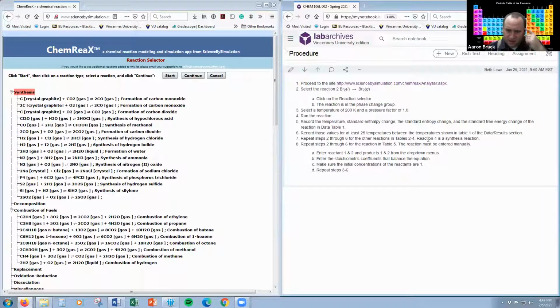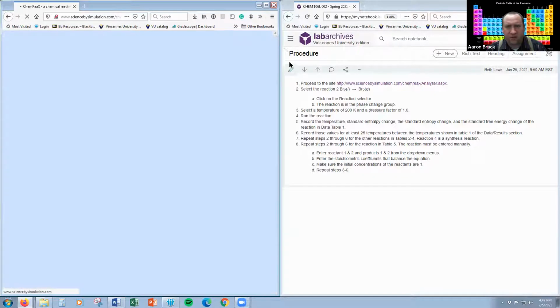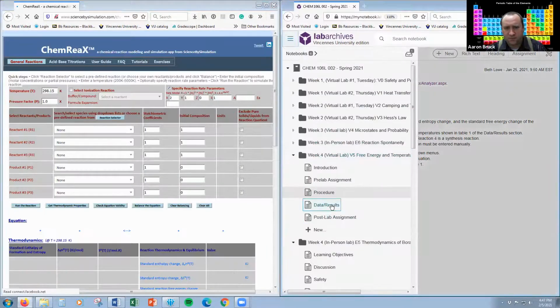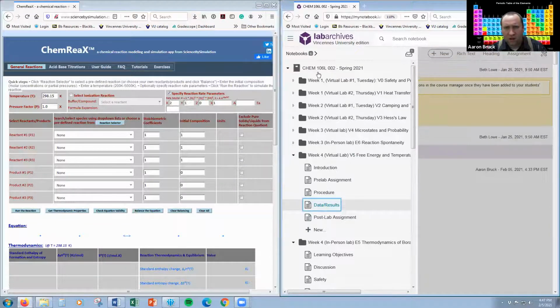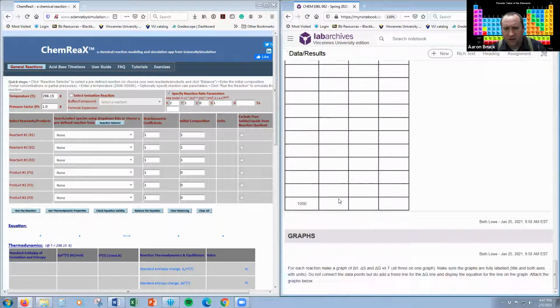Reaction 4 is a synthesis reaction, and then reaction 5 you have to enter manually. So, okay, here's reaction 4, continue, and then for reaction 5, you'll have to input it manually.